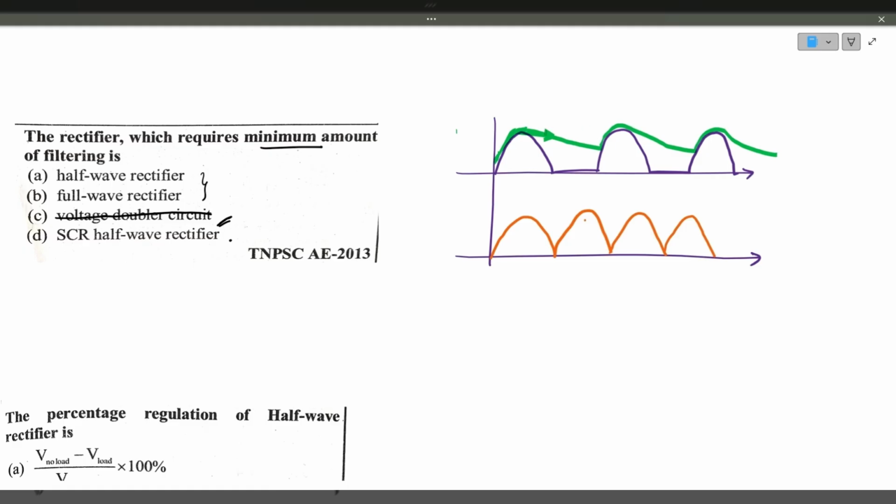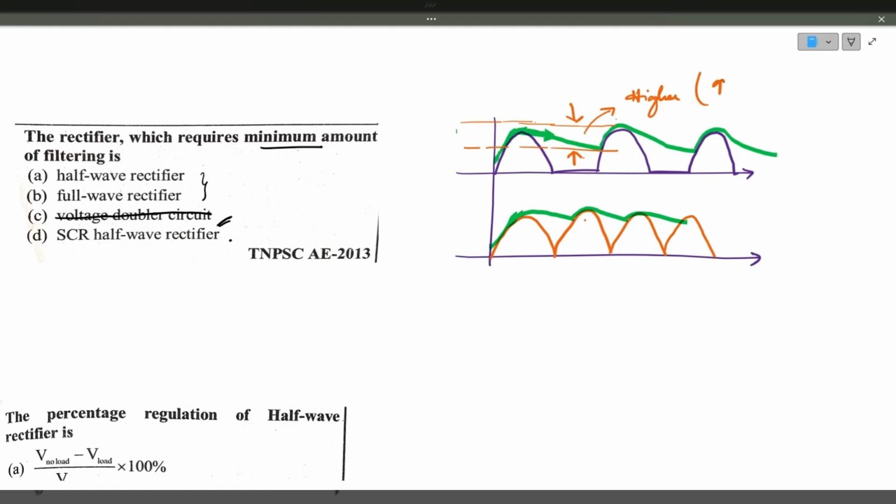These green thick lines are the filter output. For the full wave rectifier, it will be like this. Capacitor charges and discharges. So if you observe, the peak to peak value of the ripple voltage for the half wave rectifier is higher.